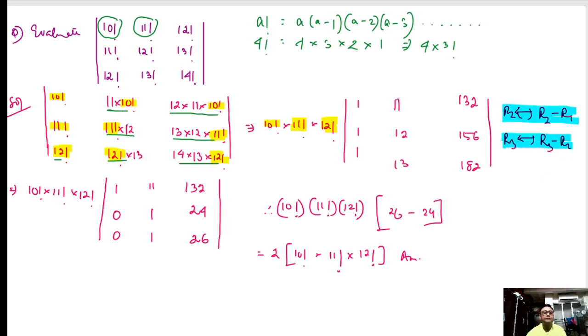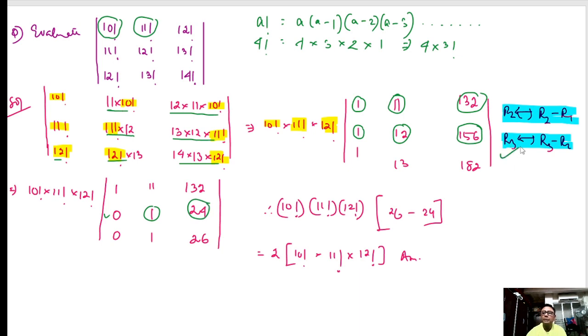So let's see. In the second row, we are doing R2 minus R1. So 1 minus 1, which is 0. 12 minus 11, which is 1. 156 minus 132, which is 24.